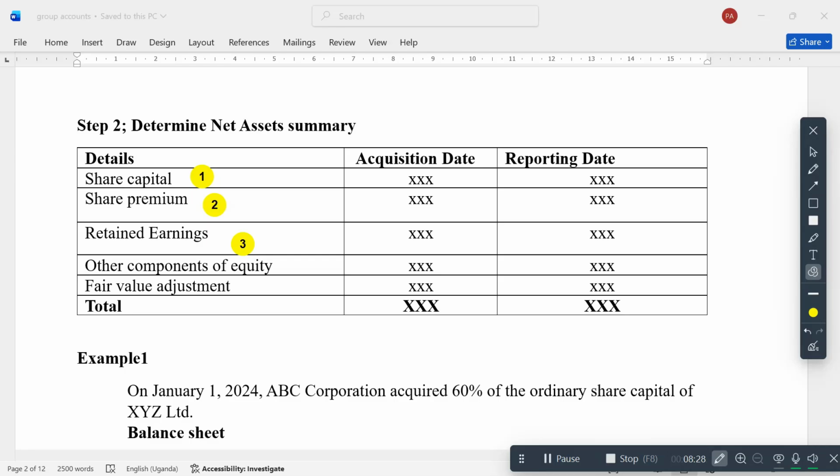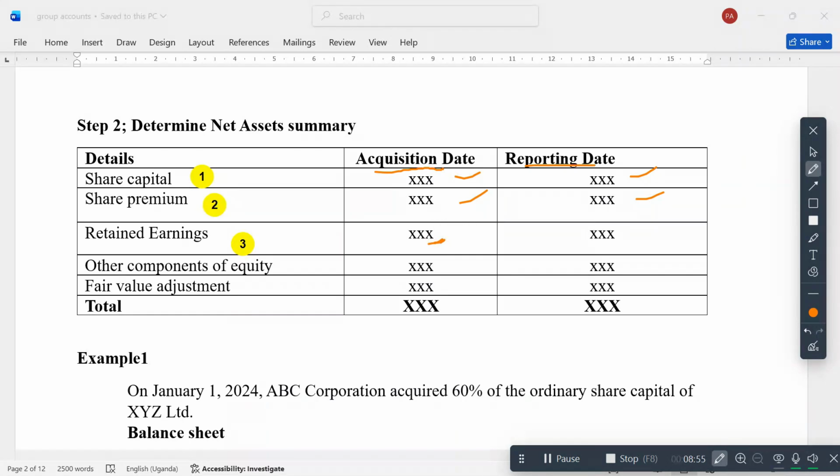But now, this one, I told you, for acquisition date and reporting date for share capital, it will be the same in most cases unless they have stated otherwise. The same applies for this, will be the same even this one. But for retained earning, from the time you acquired this company, that is on acquisition date, they will give you this figure here.